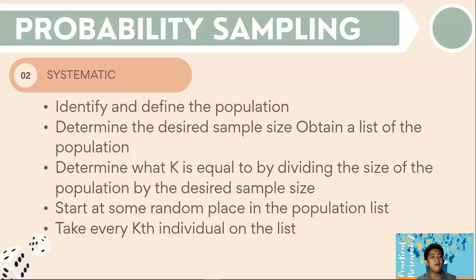First, identify and define the population, then determine the desired sample size, obtain a list of the population, and then determine what K or what number is equal to by dividing the size of the population by the desired sample size. Then you start at some random place in the population list. Then take every 8th or whichever number you have chosen individual on the list.